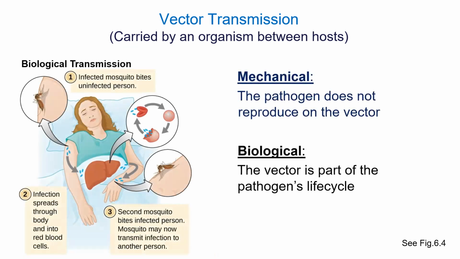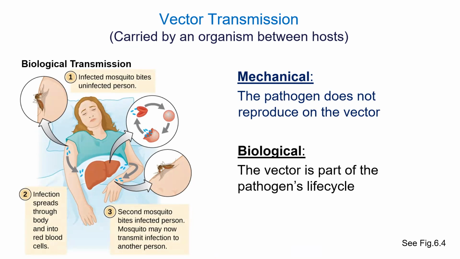So what's biological then? Biological means the vector is essential for the transmission of the disease. In some cases like malaria, the vector, the mosquito, is part of the pathogen's life cycle, right? So the vector is essential. Now, a lot of these diseases, you could get them without the vector, but those usually are rare circumstances.